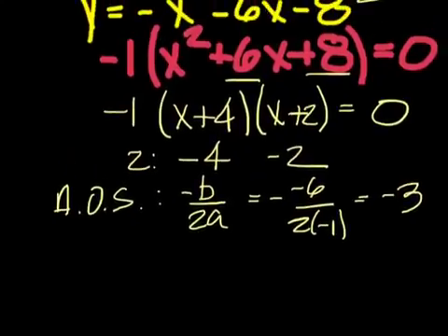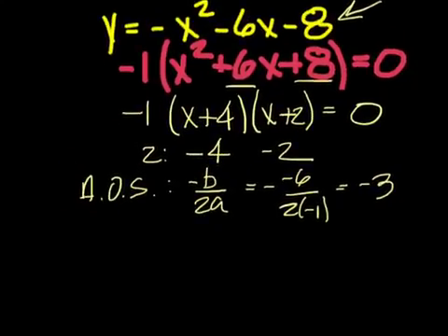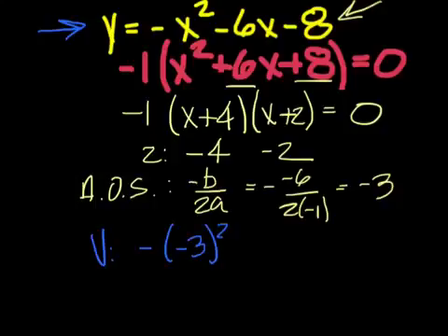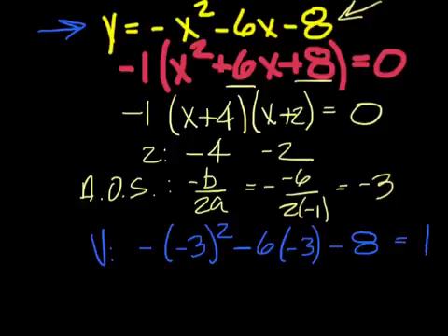And then you got to go get the vertex. When you do the vertex, you have to use the original equation. So that's going to be -3 squared minus 6 times -3, and then minus 8. That'll come back to give you a +1. So your vertex should be -3, +1.